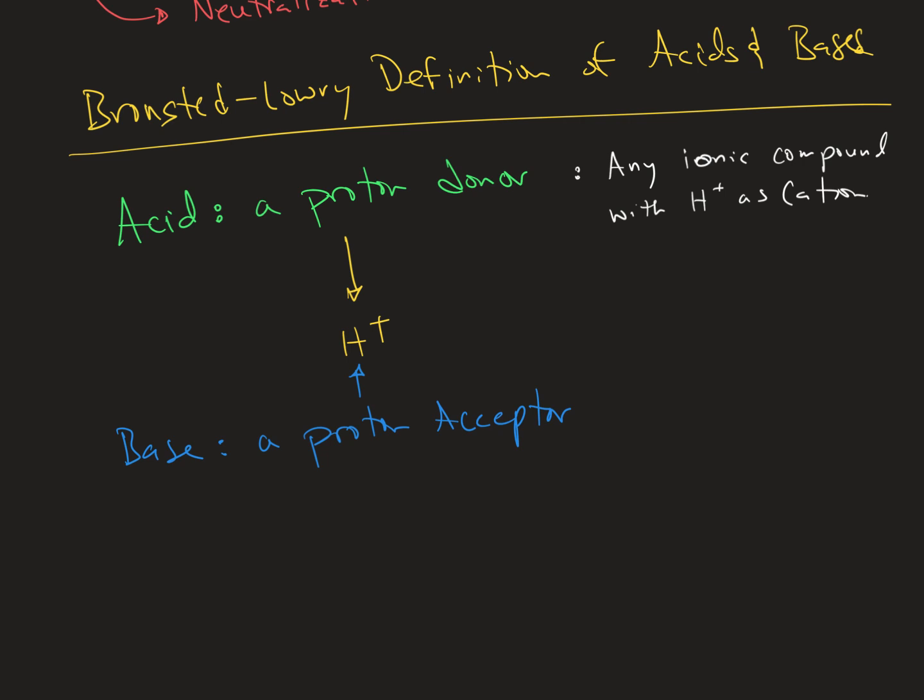Now there is an exception to what I just said there. H2O is an example of an acid. Okay, that doesn't have an H plus as a cation. That's the covalent compound. Are you with me?